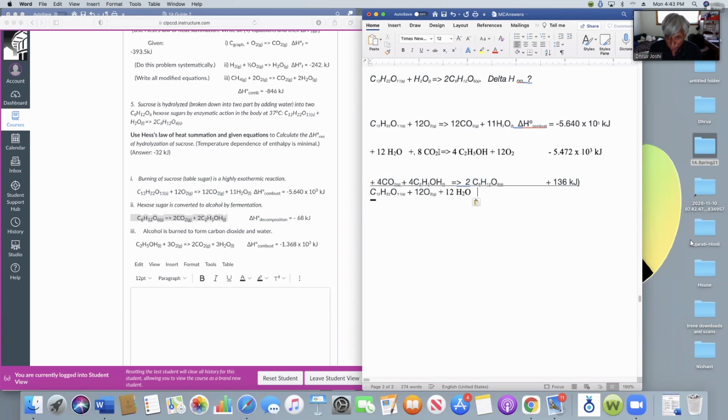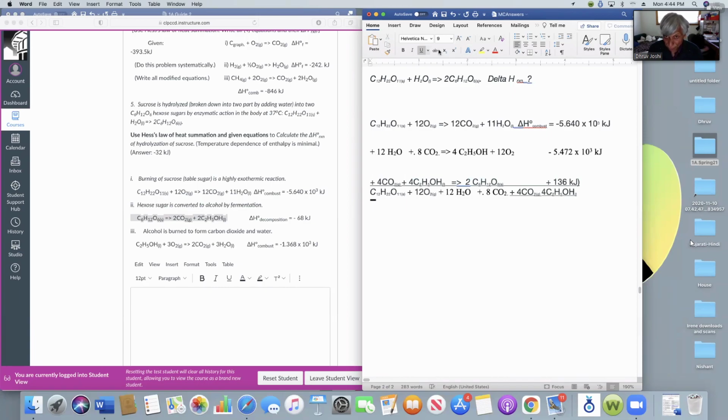Plus 8 CO2, plus 4 CO2, plus 4 alcohol, C2H5OH, that's the reactant.